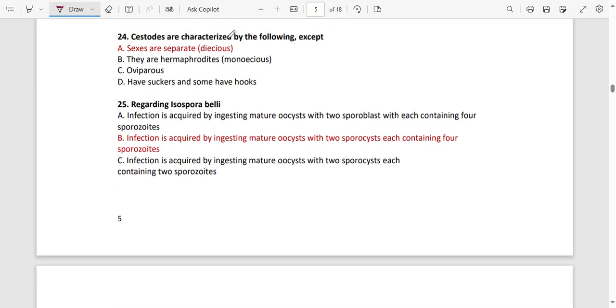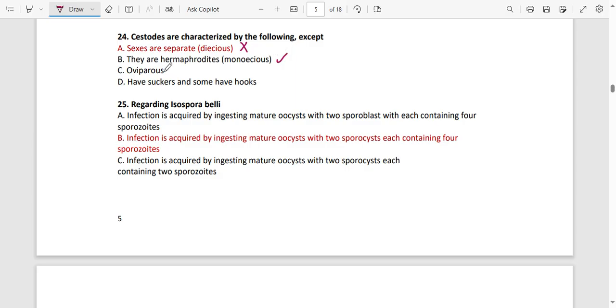Okay, number 24. Cestodes are characterized by the following except. Remember cestodes, sexes are separate? No, these are monoecious, right? They have the same individual. Let's just say platyhelminths, the same individual is female and male. They are hermaphrodites. Hermaphrodite is the same as monoecious. This means that the same parasite has male and female.